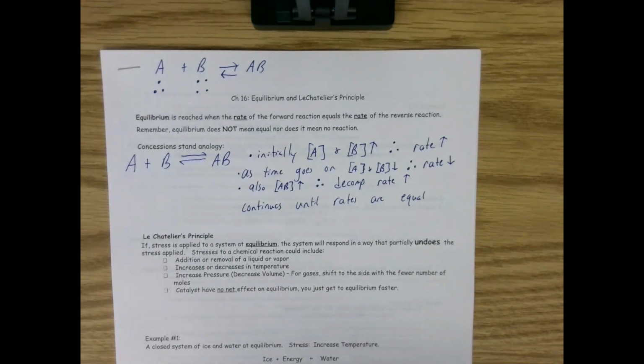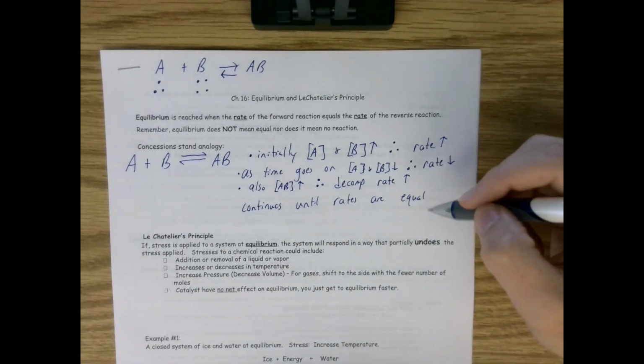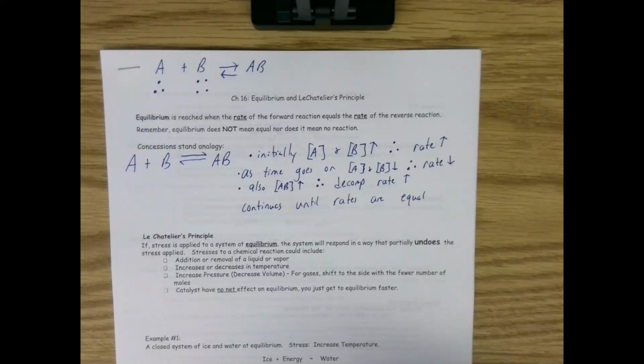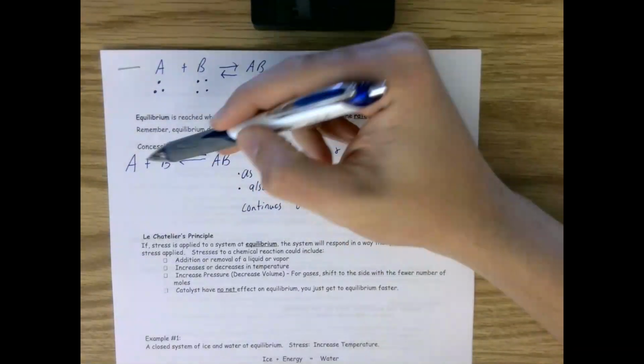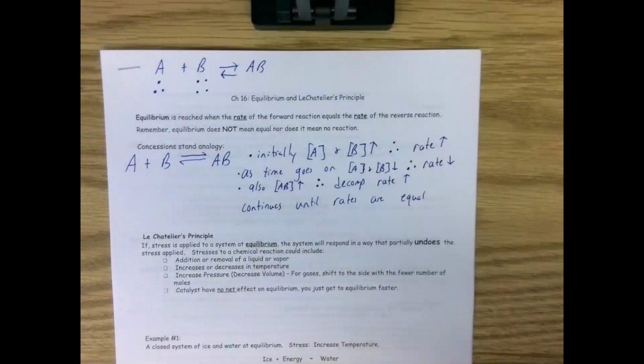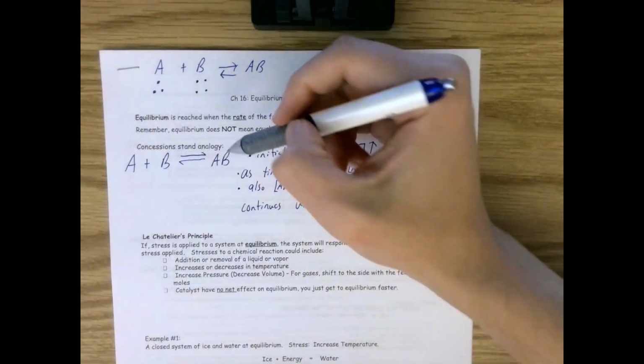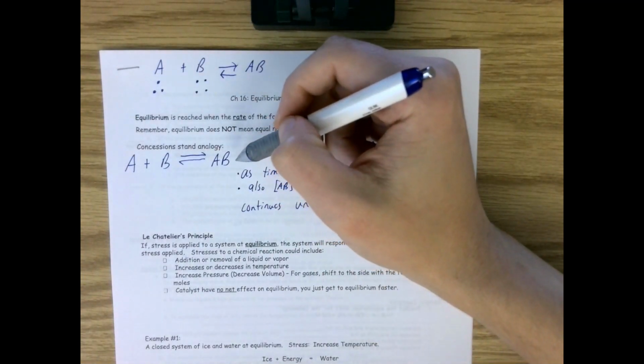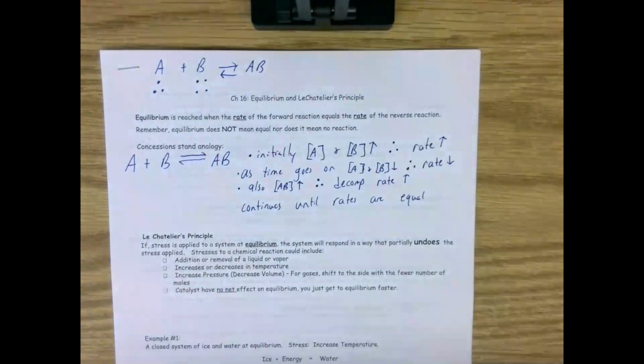So now, at this point, does the reaction stop? No. Does the reaction continue to happen in both directions? Yes, but they happen at equal rates. So for every molecule of AB that I make, I break down one molecule of AB at the exact same rate.